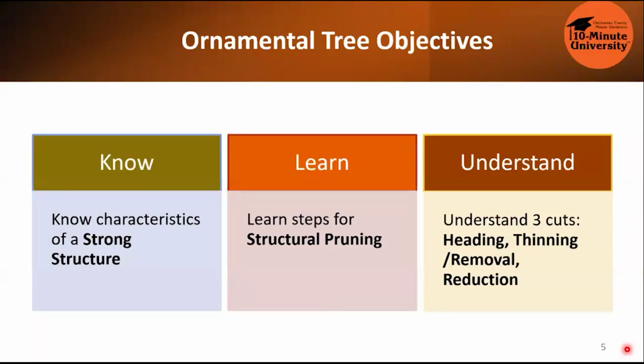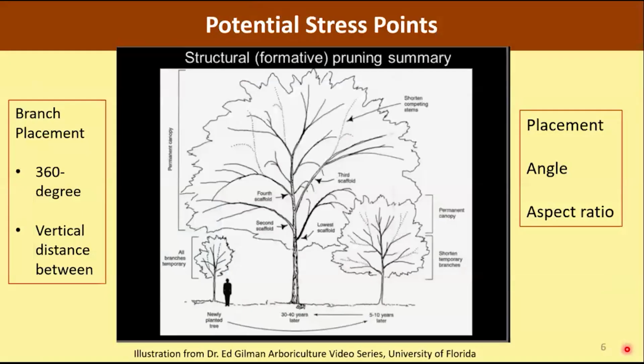For ornamental trees, I will focus on these ideas: a strong structure, structural pruning, and three common pruning cuts. In a tree, anywhere two branches come together is a potential stress point. We can determine the strength of a connection by assessing three things: the branch placement, the branch angle, and aspect ratio.